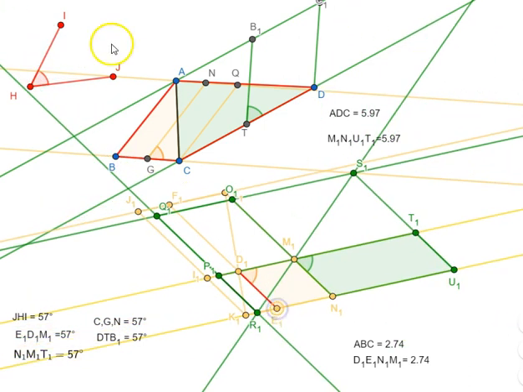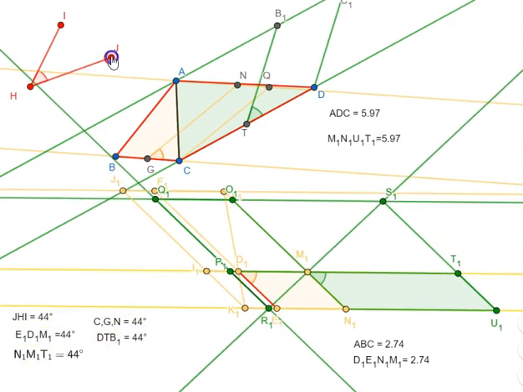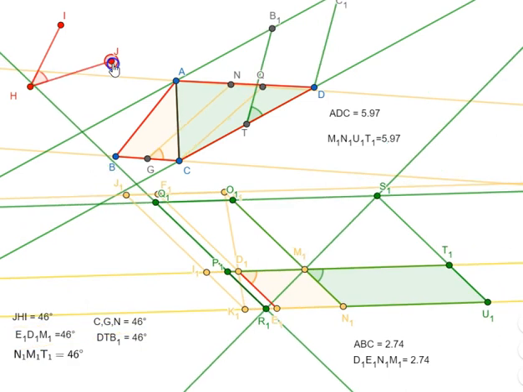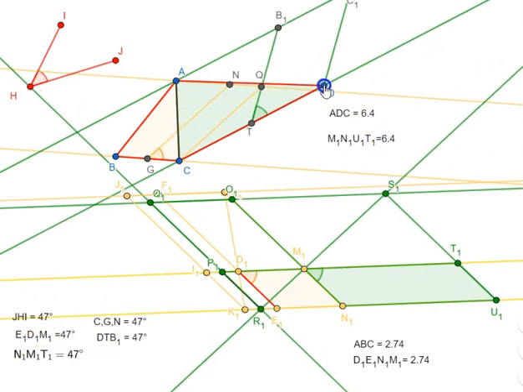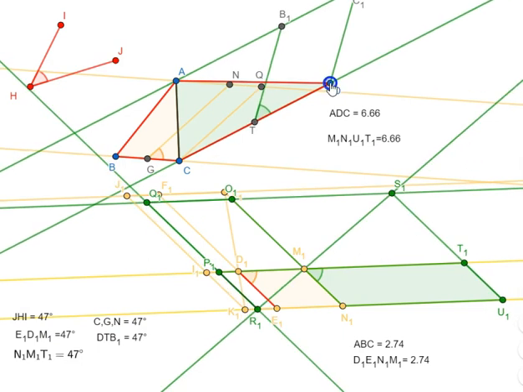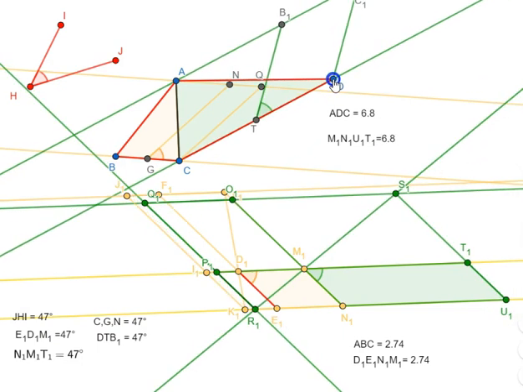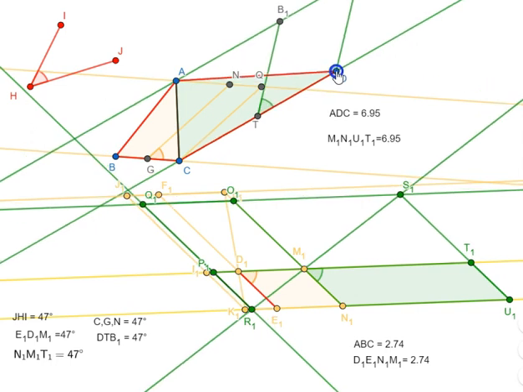Those values don't change. Now look at what happens when I change the angle. All the angles are changing, but the areas are not changing. Now let's change the ACD. You see, it remains constant. It remains same.